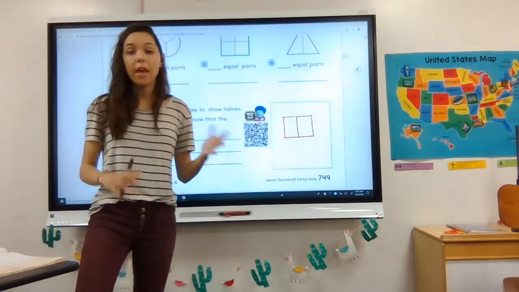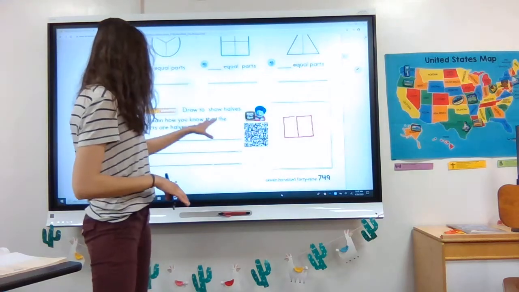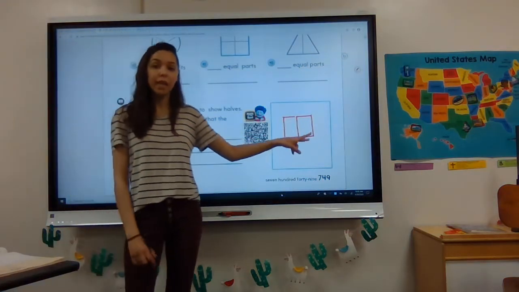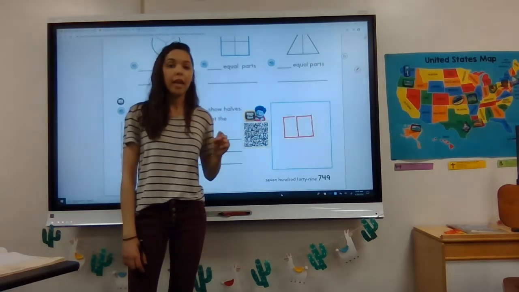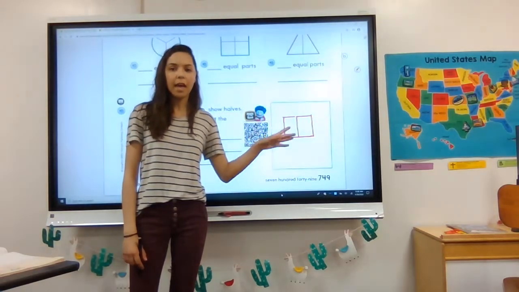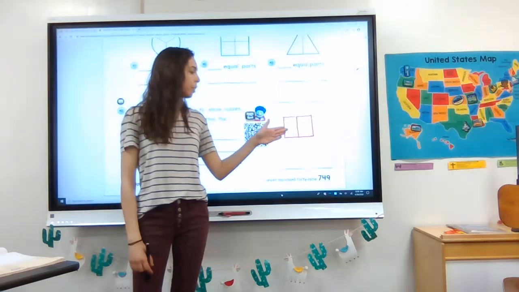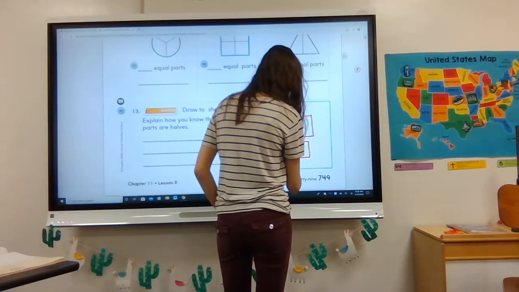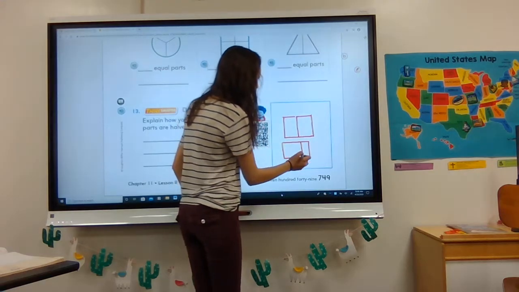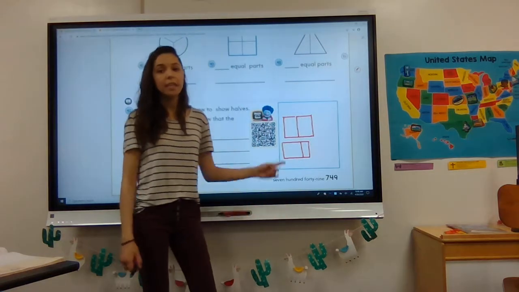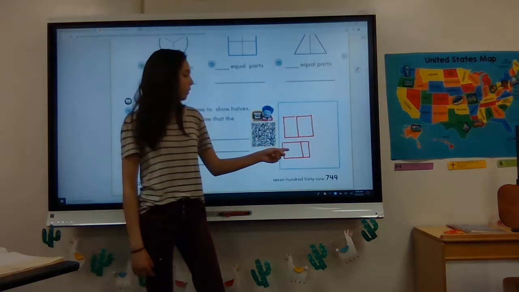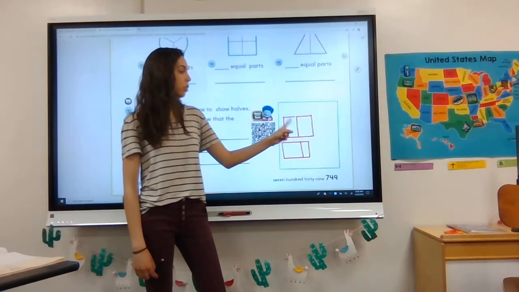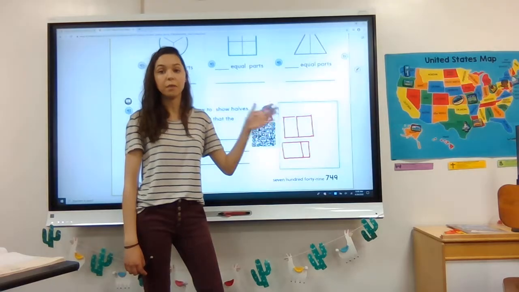And you know that it's in half, so it says, explain how you know that the parts are halves, because there's 2 equal parts. All right, and you want to try and get as close as possible. So you want your shape like this. If you drew a shape like a square, for example, or a rectangle, and you drew it like that, that's not in halves because those aren't 2 equal parts. Okay, do you see the difference? So you want to make sure that your shape looks as close to being in half as possible.